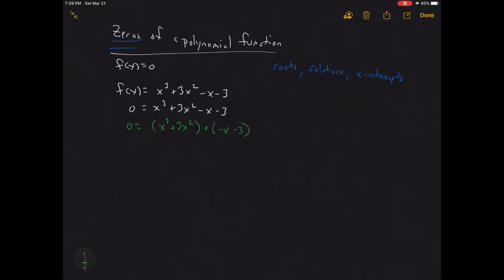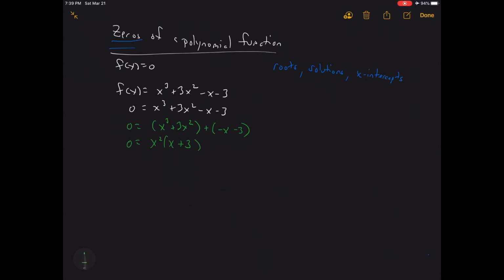Then what I'm going to do is take out or factor out the common factor from each one of the parentheses. And the common factor in the first one is going to be x squared. That's the greatest common factor. Well, if I factor out x squared, that's going to leave us with x plus 3. Because remember, factoring is basically like dividing. I'm dividing it out.